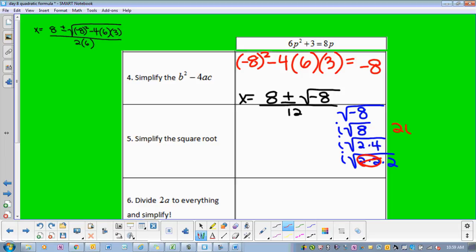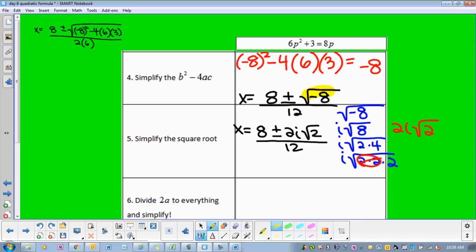An I. And what stays in? The 2. Okay? So when I go back to rewrite this, I would say x equals 8 plus or minus 2I root 2 over 12. Does that make sense?